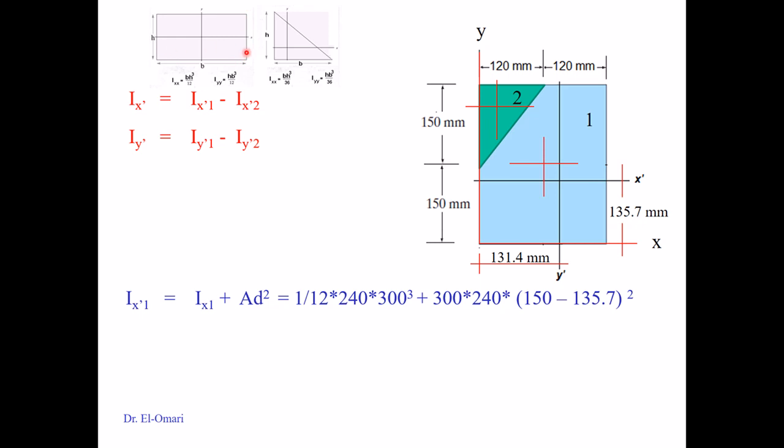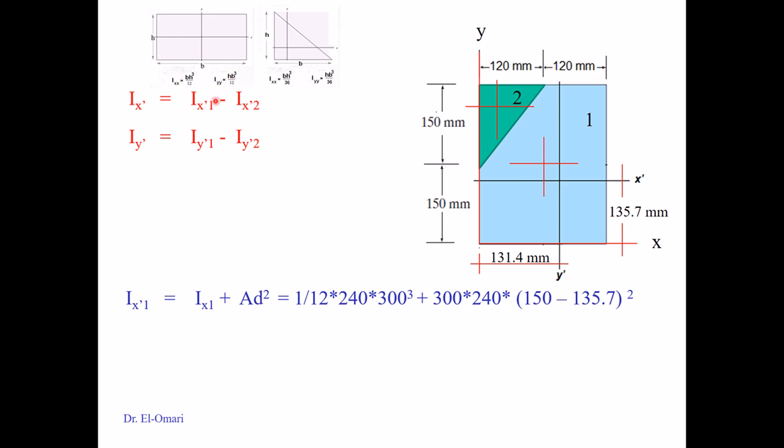I give a tip to my students, because sometimes the segment that you divide it into would be set, compared to the whole cross section, in a way that makes you confused about which side to cube. So the best way to learn that is to always cube the side that is perpendicular to the axis you're taking the moment of inertia about. So if I need to find Ix, then I cube the h. If I need to find Iy, then I cube the b.